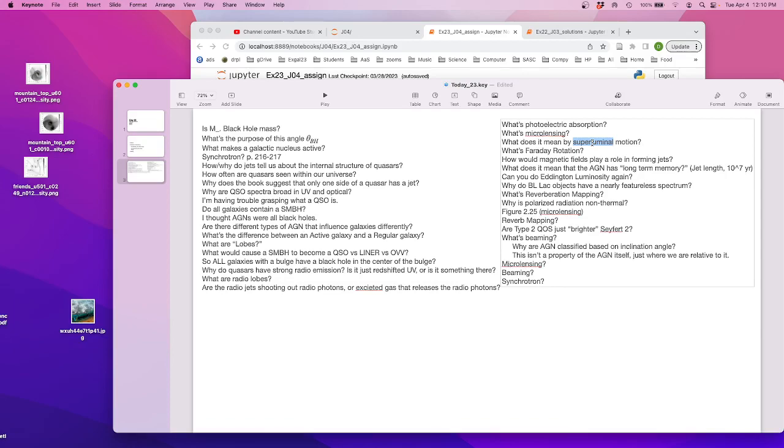V equals distance over time. And I get a number like 5 times the speed of light, because I didn't do the relativity properly. This is only true if it's not relativistic. If it's relativistic, you have to do something smarter.